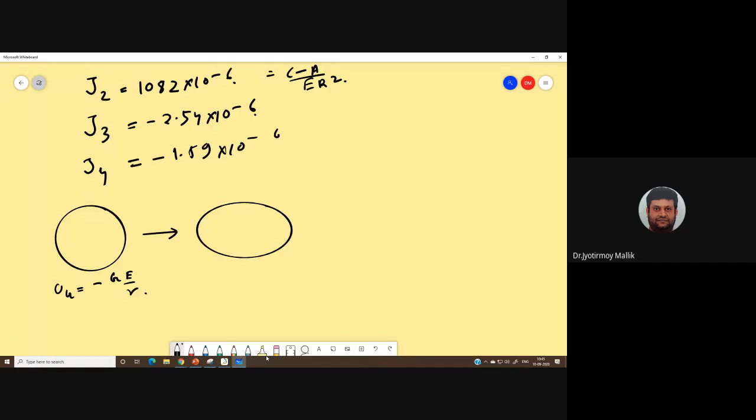So how would I accommodate that? I will essentially have my UG for a perfect sphere, minus, I will use this term J2.